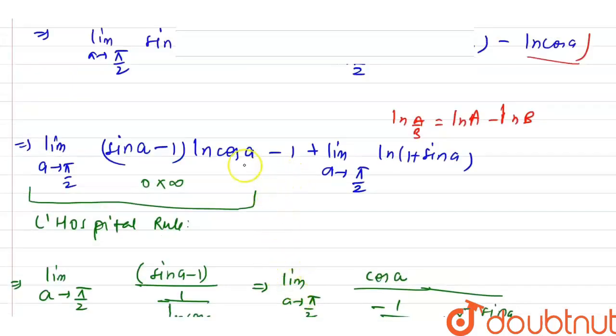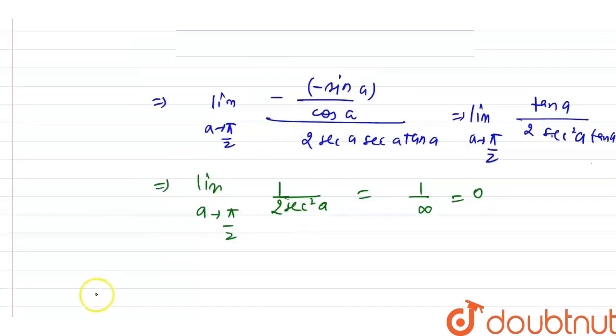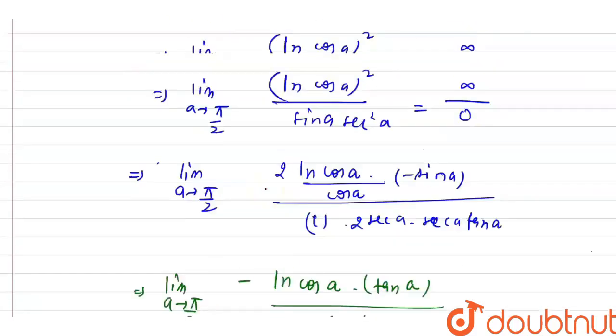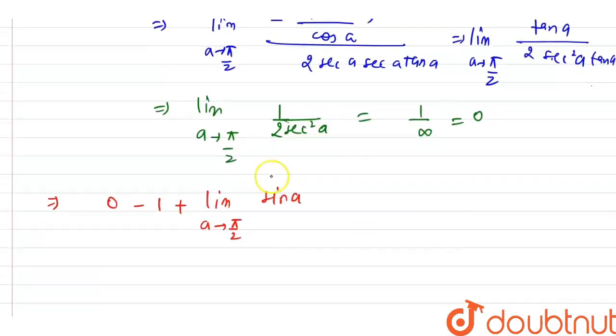So this complete thing has the limit 0. This is minus 1 already. And I'm going to apply the limit here, it is ln 1 plus sin A. I'm writing here. So it will be 0 minus 1 plus limit A tending to pi by 2 of ln of sin A plus 1.